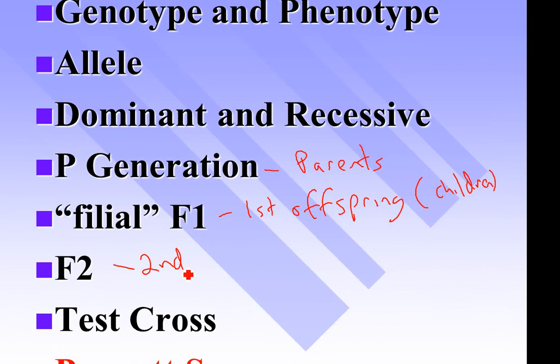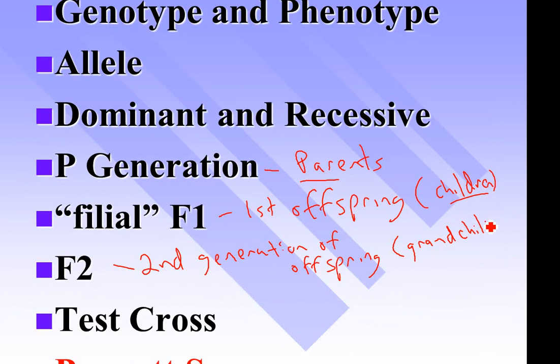Now, not the second offspring of the P, but the second generation of offspring. Or, in parentheses, parents, children, in relation to the P, the grandchildren. And I'm going to run out of space, so I'm writing the word grandchildren here.